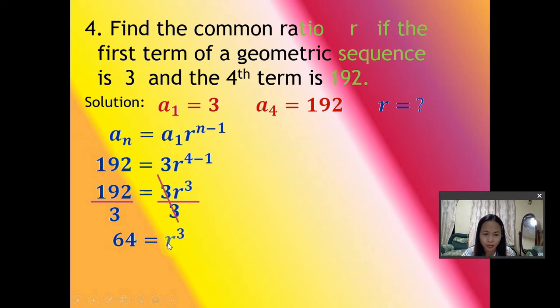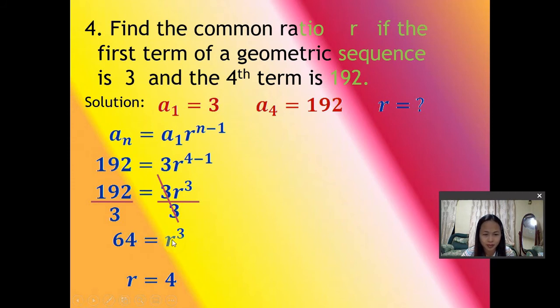Now, for this part, we are going to look for a value of R that if you raise to the power of 3, we can have 64. Or simply, we are going to take the third root of 64.